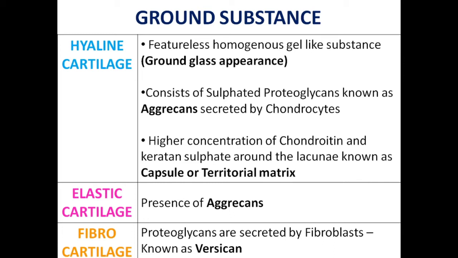So again the differentiating point between the fibrocartilage and the other two cartilages is the presence of proteoglycans secreted by the fibroblast, called versican, whereas in hyaline cartilage and elastic cartilage, it is the sulfated proteoglycans secreted by the chondrocytes known as aggrecans.